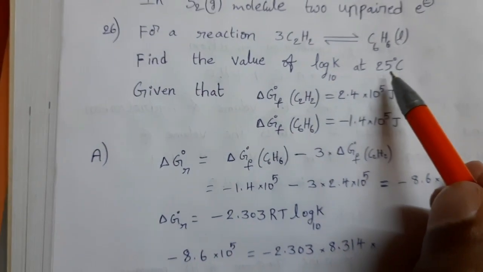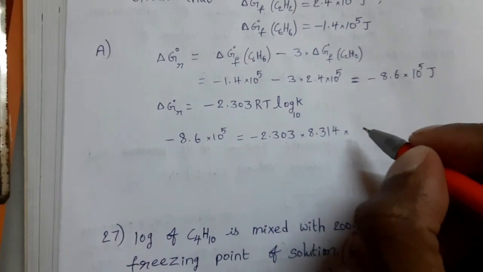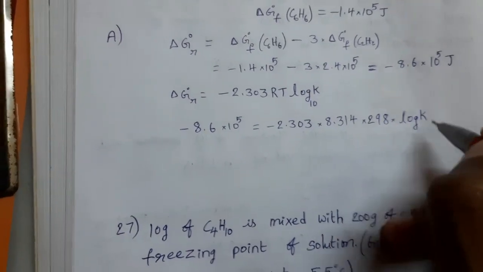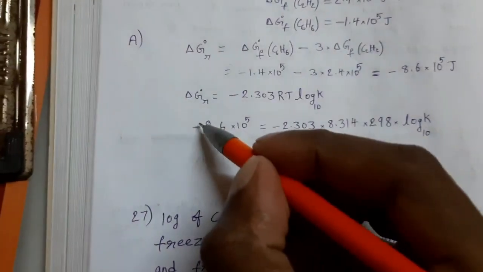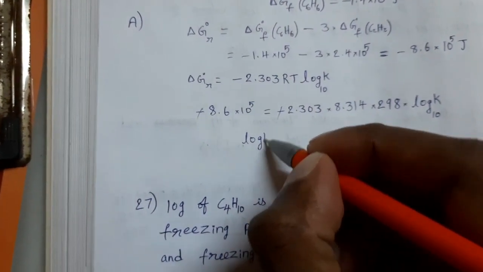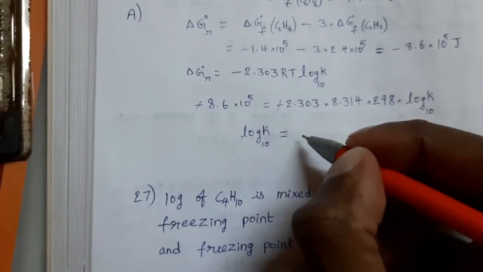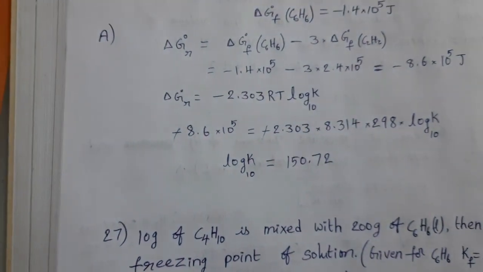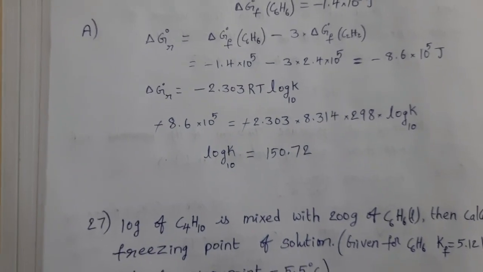Here 25 degrees Celsius in Kelvin is 298 Kelvin, into log K base 10. Okay students, minus minus get cancelled. From this we can get log K base 10 equal to 150.72. If we do the calculation, we can get 150.72. This is the answer.